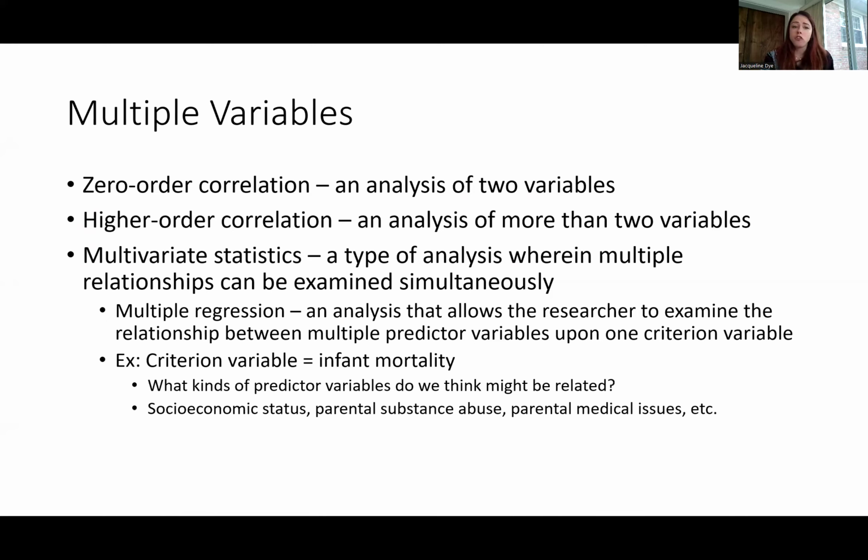And so doing a multiple regression would allow you to look at each of those predictor variables' relationship to the criterion variable. And there's different weights that are put on. So you can see which variable has the most influence on that criterion variable.